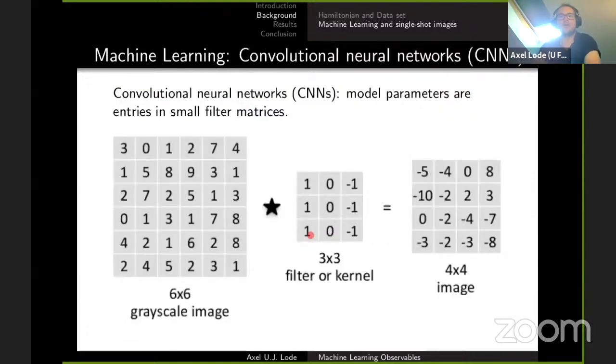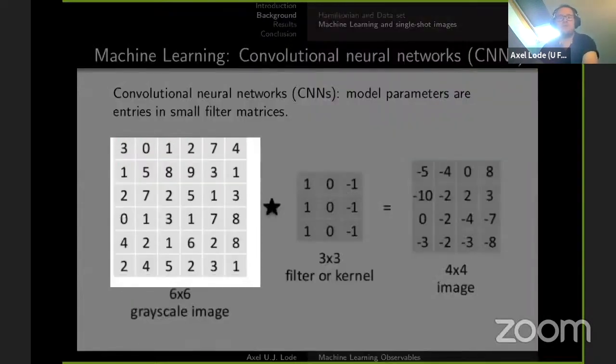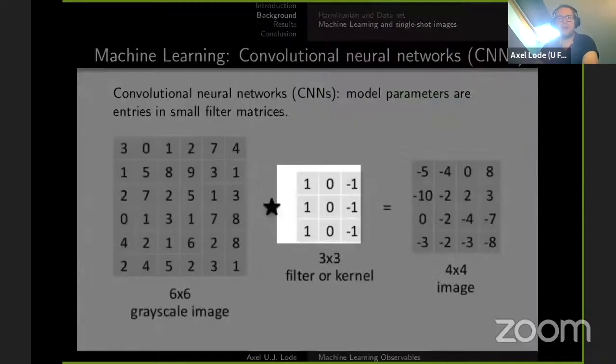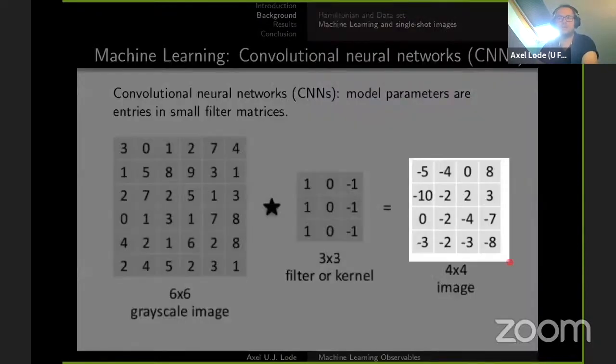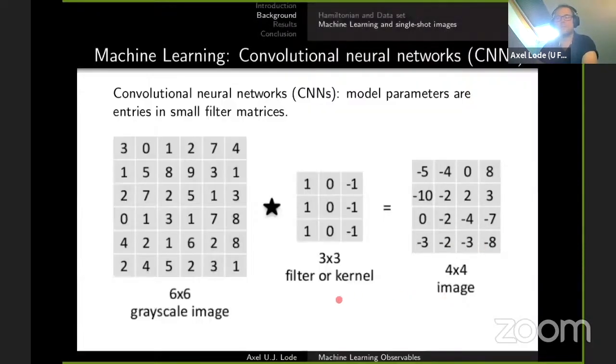So I'll run you through convolutional neural networks because I find it instructive. The typical way that this works is you have an input image, and then you apply a filter to all possible patches on the input, and you get an output image that has a different size. This is a convolution. And pictorially, this sort of works like this.